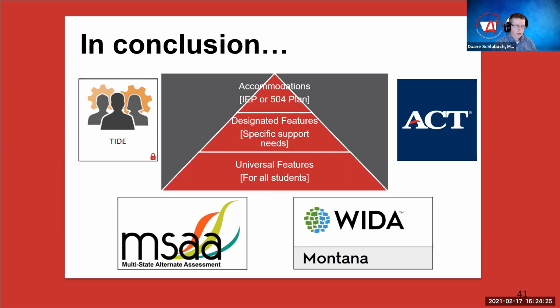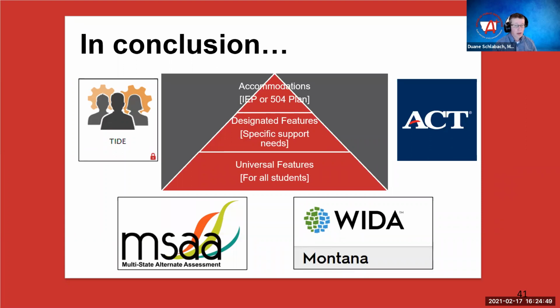TIDE, located in the Montana Testing Portal, houses math, ELA, science, and alternate science assessments. We looked at the MSAA portal, math and ELA alternate assessments, followed by the ACT. The final portal was DRC, or AM, that houses the ACCESS test for English learners, WIDA.